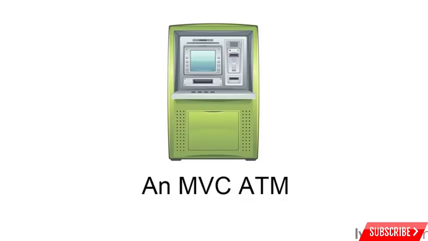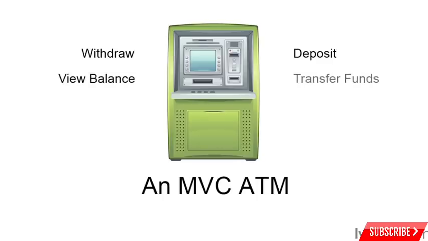The other reason is that I want to get away from the idea that a browser is just requesting web pages, because in MVC, the browser is going to interact with our application more or less by directly invoking methods of a controller class. For instance, methods like withdraw, deposit, view balance, and transfer funds. Before we get started with the ATM, I'll introduce you to this concept of controller actions in the next video.